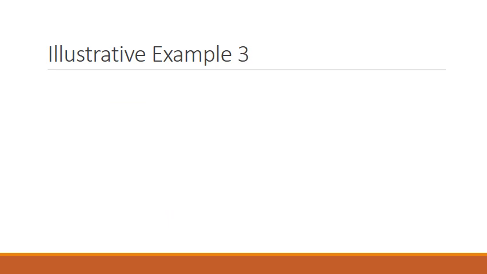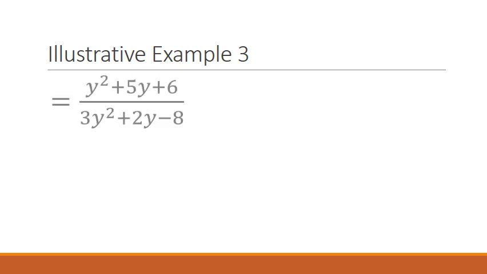Let's have illustrative example number 3. I have here y squared plus 5y plus 6 all over 3y squared plus 2y minus 8. First things first, we have to identify the denominator, 3y squared plus 2y minus 8.